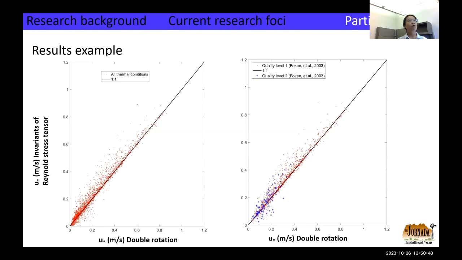The left graph shows all the data at all thermal conditions, whether the atmosphere is stable, unstable, or neutral. The right graph is after we do quality control on momentum flux, so we choose the best levels of quality data. The fitting line becomes much better, as you can see on the graph.